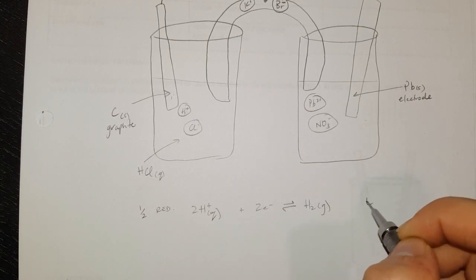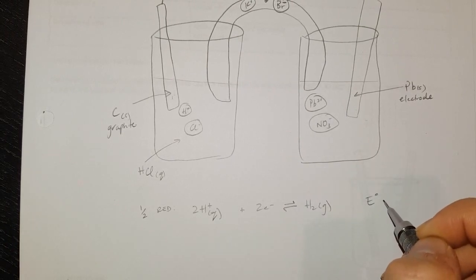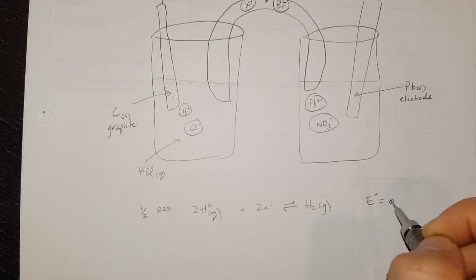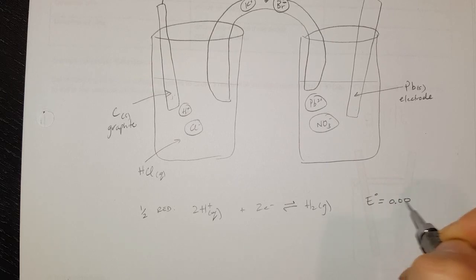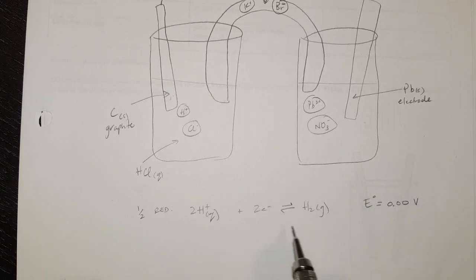And remember, I'm going to write my E0 value there, and that is equal to 0.00 volts. And remember, this is the hydrogen half cell. That is our standard, our reference point. So we've selected that as being our 0 volts, and everything is relative to this half cell, or this half reaction.